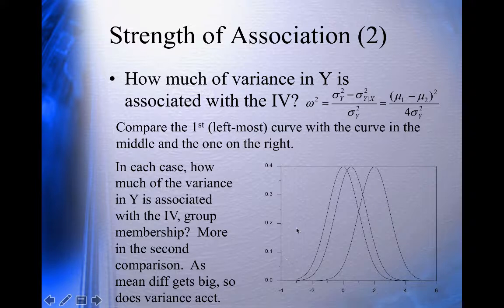All right. Whereas if we compare the control group to this experimental group, the y given x would be the same, but the total variance of y here is going to be quite a bit different, or bigger.